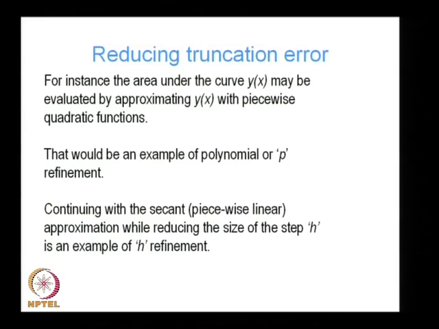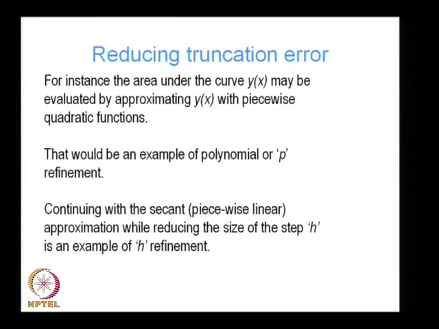That would be an example of polynomial or P refinement, where we have approximated the function y of x by a higher order polynomial, now in this case a quadratic polynomial. Similarly, we can use cubic, quartic polynomials to approximate the function y equal to f of x over our intervals, over our step sizes.